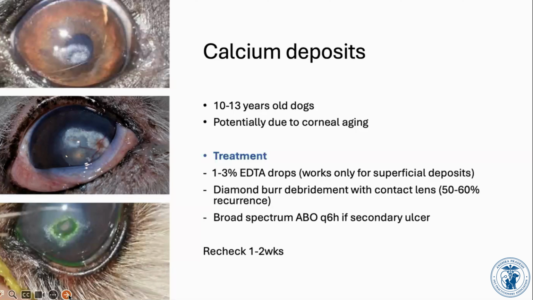And as it is an old dog, rather than putting the old dog under anesthesia and doing a diamond burr debridement, which also has a 50% chance of recurrence, I won't recommend doing a debridement for such a thing. If there is no ulcer, let them be just like that. And if there is an ulcer on such a part, we can use a broad spectrum antibiotic every 6 hours. And I would like to recheck these cases in 1 to 2 weeks.